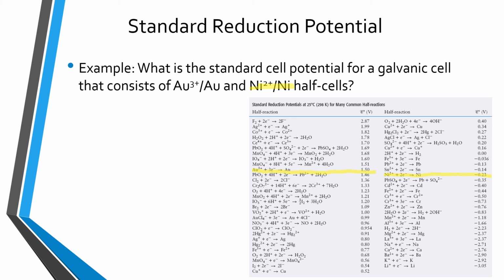So you got to make sure you're finding the one that matches what you're given. All right, now that I have found my 2 reactions, I'm going to write them down. These are, remember, reduction potentials, so they're always written as a reduction. Voltage is 1.5, and then for nickel, it is negative 0.23.